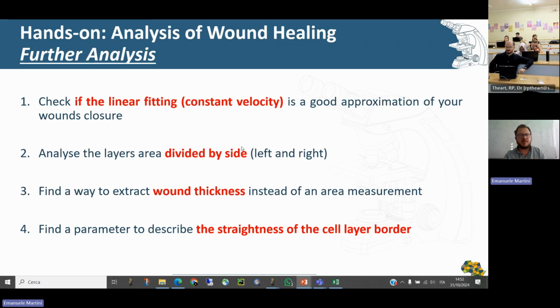Then sometimes you may be interested if one side is faster than the other one. You may want to check if the cell layers move all together, if there is a straight cell layer border, or they form fingers, invaginations, or they move all together. You can try, but it's much harder, and I think we have done enough today.